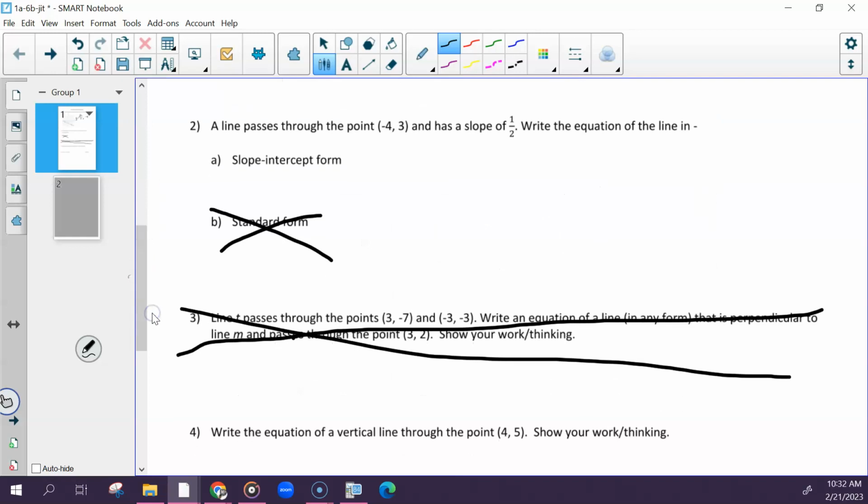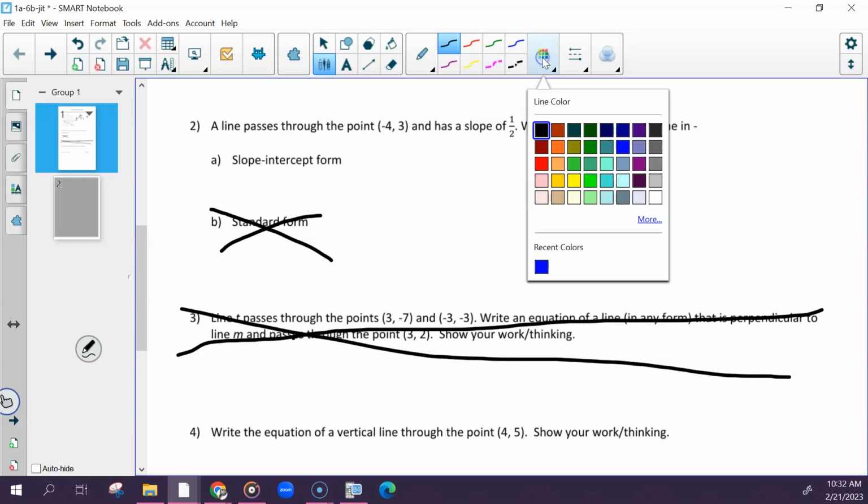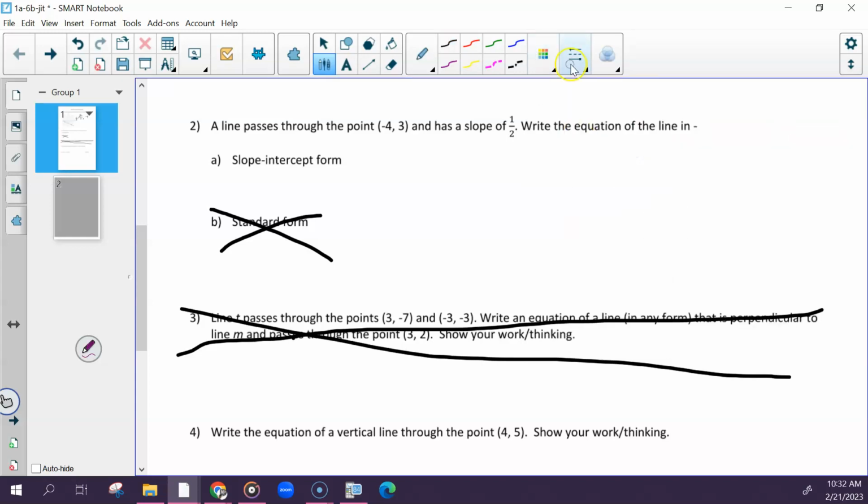So you are not supposed to do B, but does anyone want to come do 2A? Okay. So I'm going to do this algebraically, and then I'm going to show you how you could use Desmos to do this.